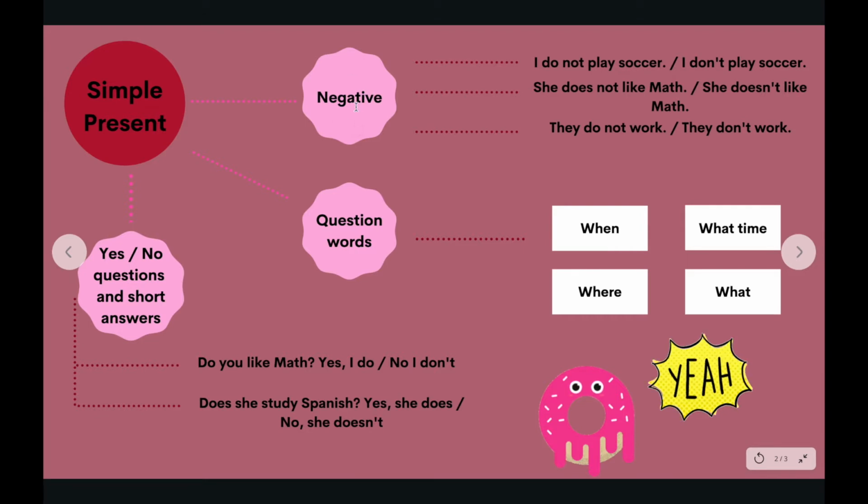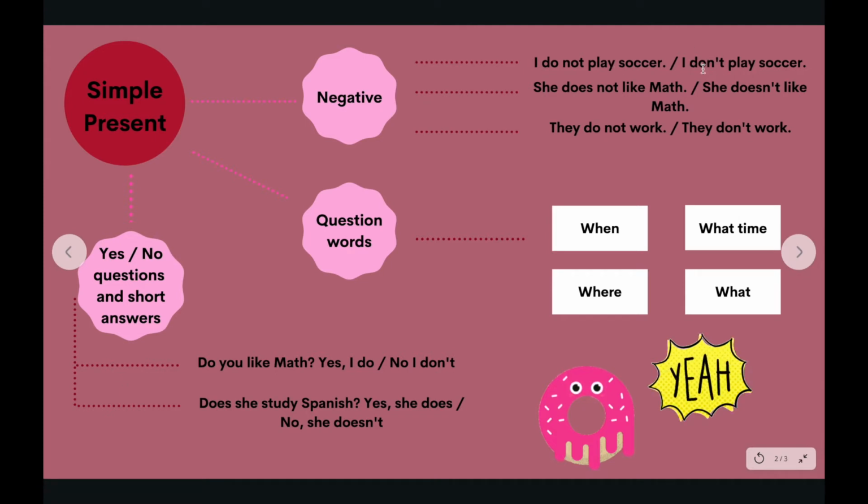In the negative form, I have some examples that are going to be very useful to understand this tense. Let's start with the first one that says, I don't play soccer. In Spanish this would be, yo no juego a la pelota. And here you have the short form, I don't play soccer.